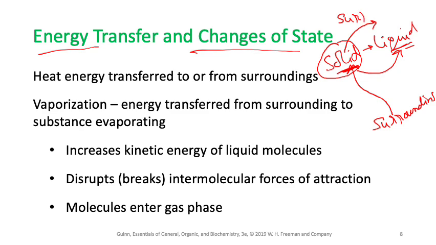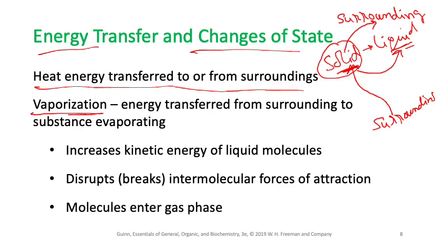So we're going to see how the energy is moving from the matter to the surrounding, or from the surrounding to the matter, right? We already talked about heat energy transfer to or from the surrounding. One of the processes is called vaporization. If you remember, converting a liquid to a gas phase is what we call vaporization.